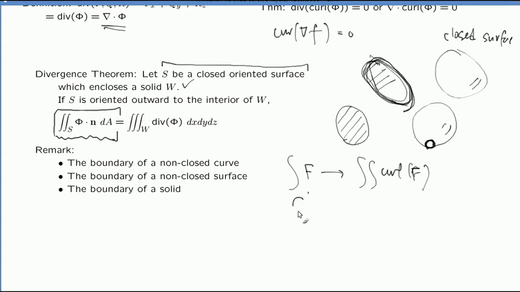If it is a closed curve, you can go inside with the curl like that. Now we are in the surface integral with a closed surface with some vector field in there, right? Phi. Then you can go inside the triple integral over the solid enclosed by that, by what operator? Divergence operator. That's the phenomenon captured in here.